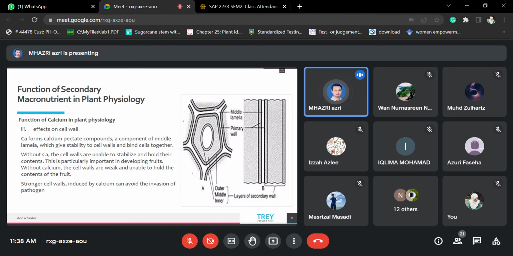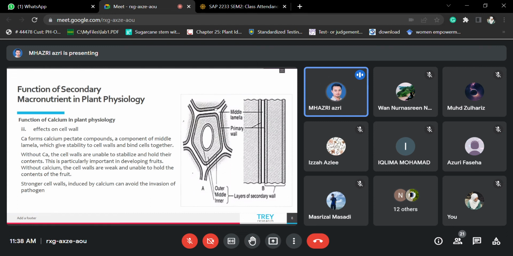So if the plant can produce adequate, or optimum, calcium pectate, it will assist in cell wall structure, and also it can produce a strong cell wall, or cell layer.